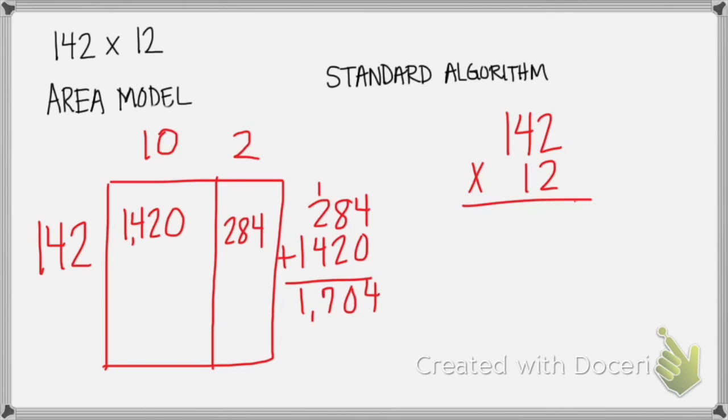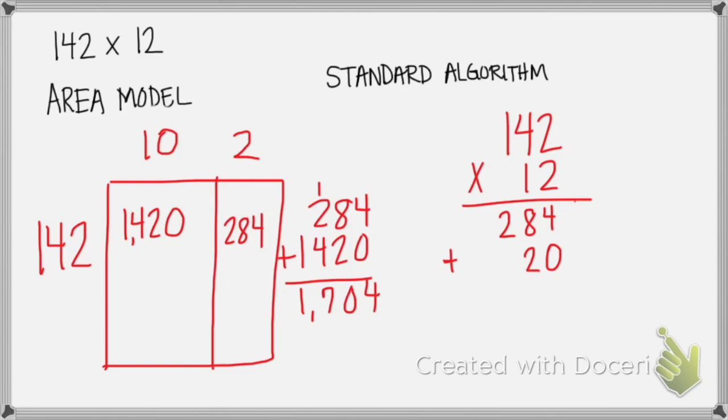All right, I'm going to take my 2 times 2 to get 4, 2 times 4 to get 8, and 2 times 1 to get 2. Now I'm moving over to my 1, which happens to be in my tens place, so that's actually 10. So we put a 0 here because we're doing 1 times 2, or technically that's 10 times 2, which is 20.